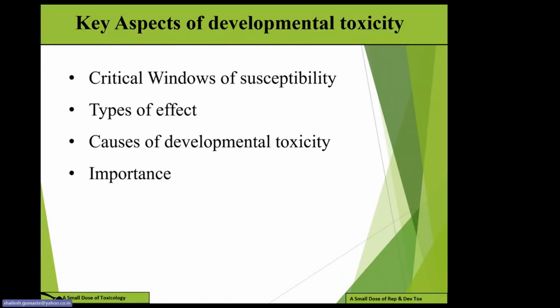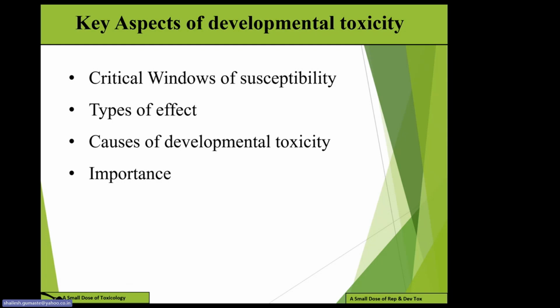So, what are the key aspects of developmental toxicology? The first is the critical windows of susceptibility, meaning developmental toxicity often depends on the timing of the exposure relative to key developmental stages, for example, organogenesis and neurodevelopment. What are the types of effects?